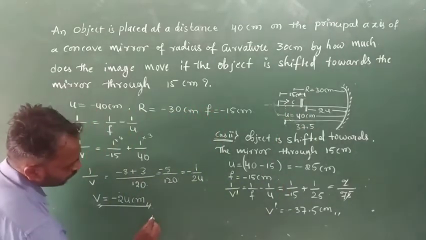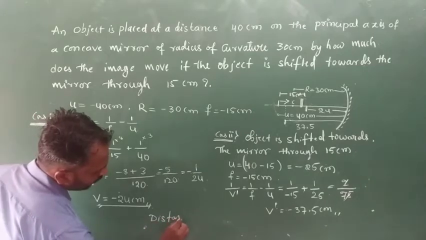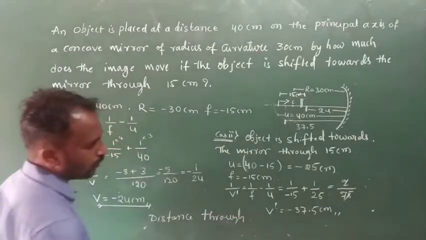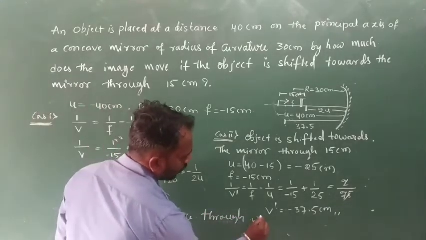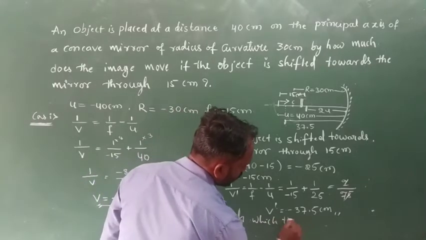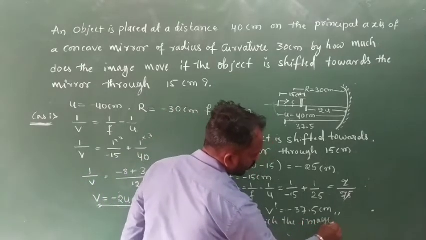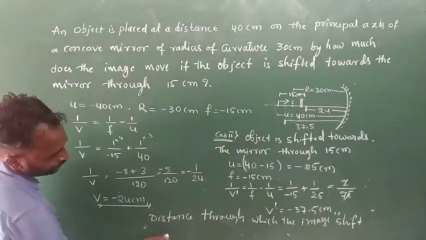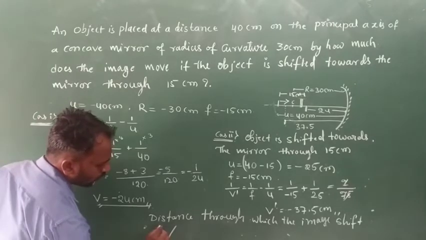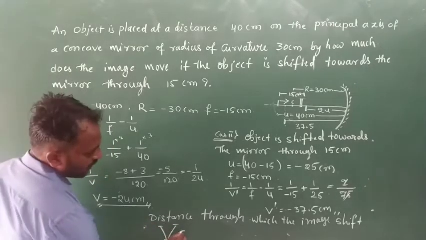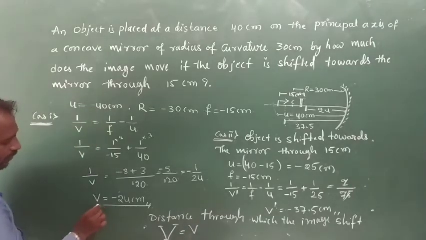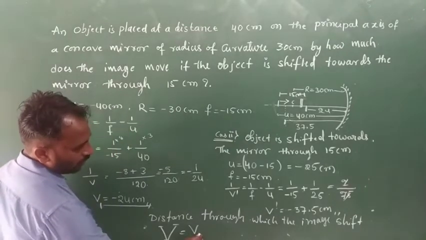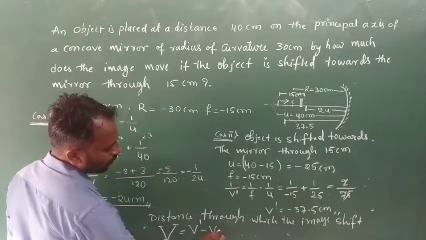So the distance through which the image shifts: suppose this one is V1. Then V dash minus V1.